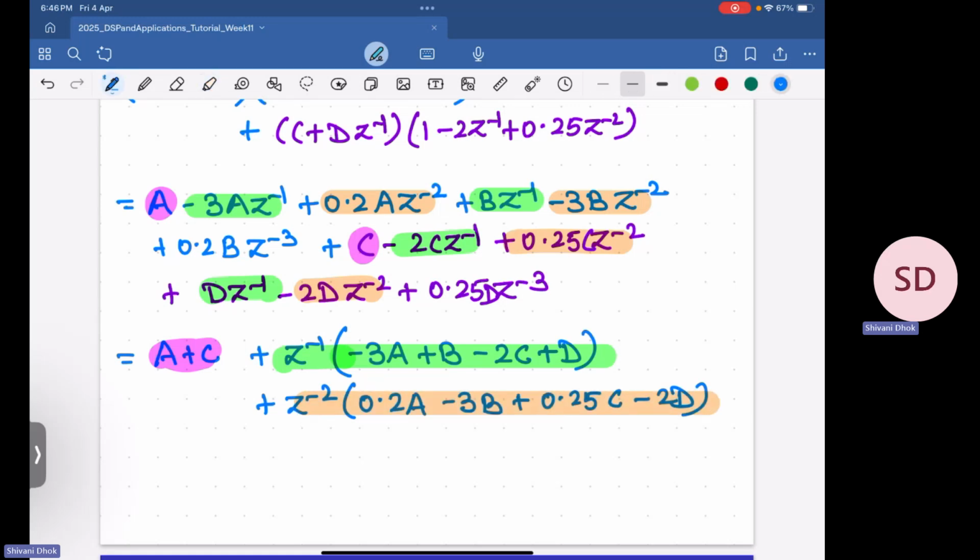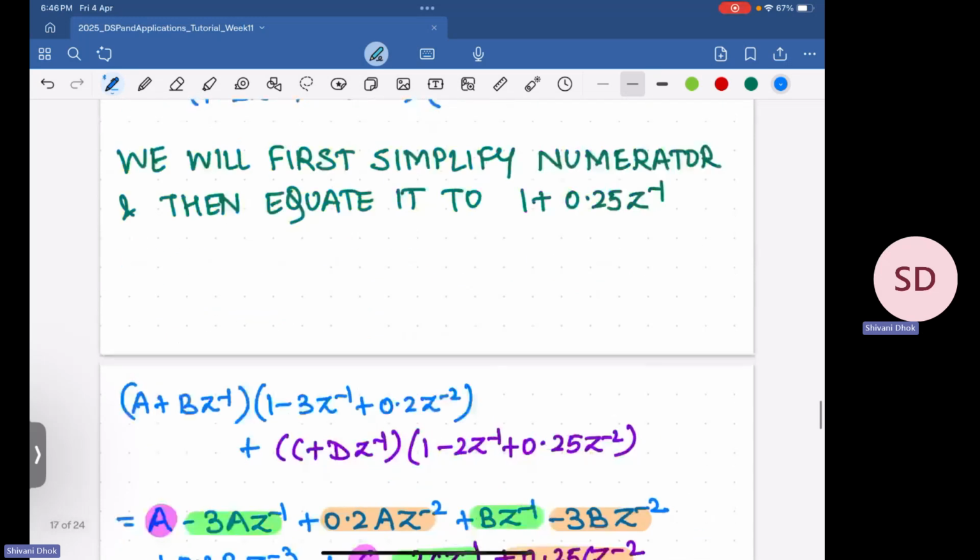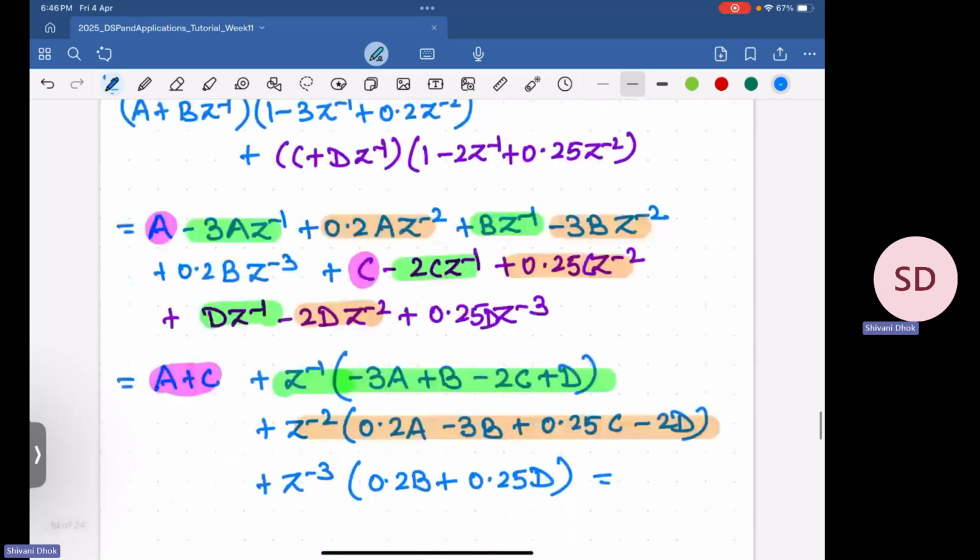And plus we have the last term, z to the power minus 3, which has only the remaining two terms. So we get 0.2b plus 0.25d, and this we will be equating to 1 plus 0.25 z inverse.